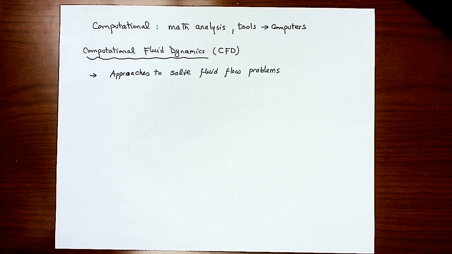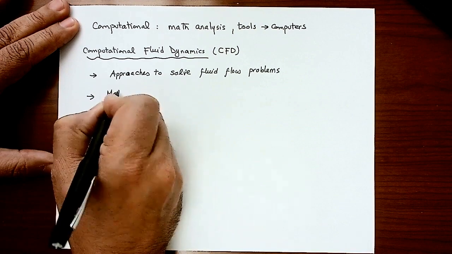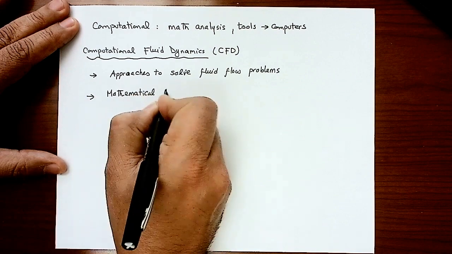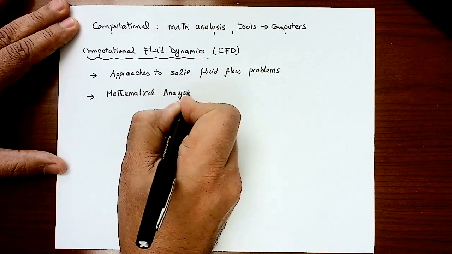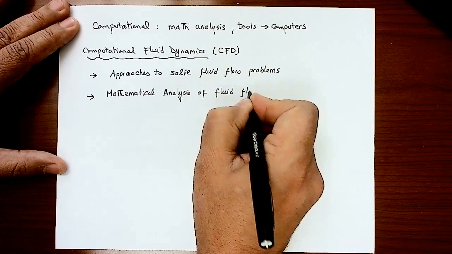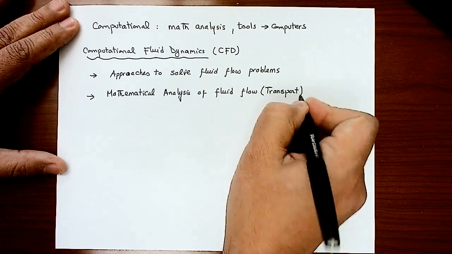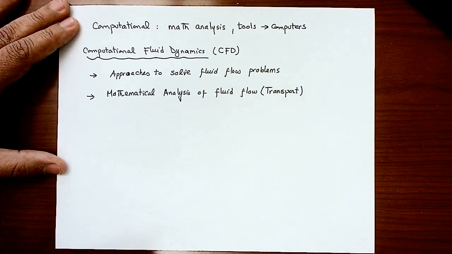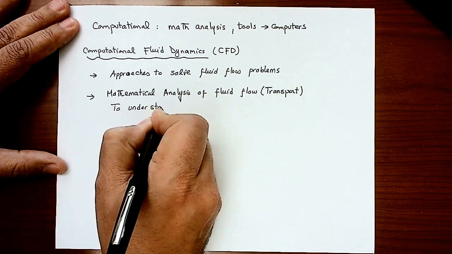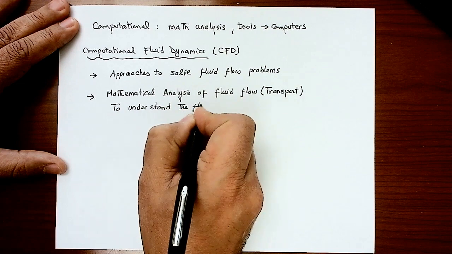And if you want to extend that definition a little bit, we can say that computational fluid dynamics is actually a mathematical analysis of fluid flow, and the word flow can mean transport, and that's what's coming from the dynamics word in the title, right? To understand the fluid behavior.